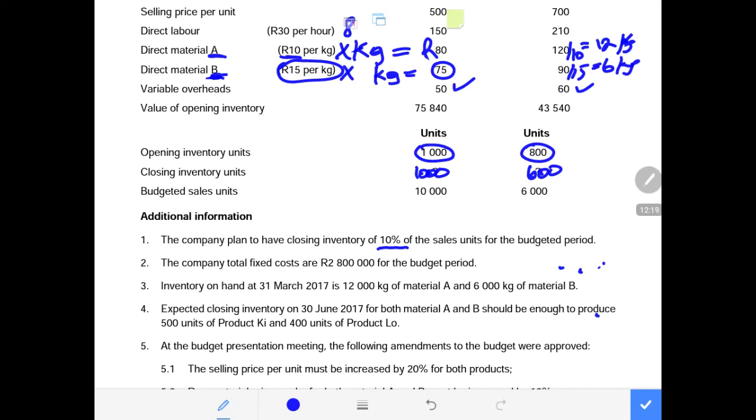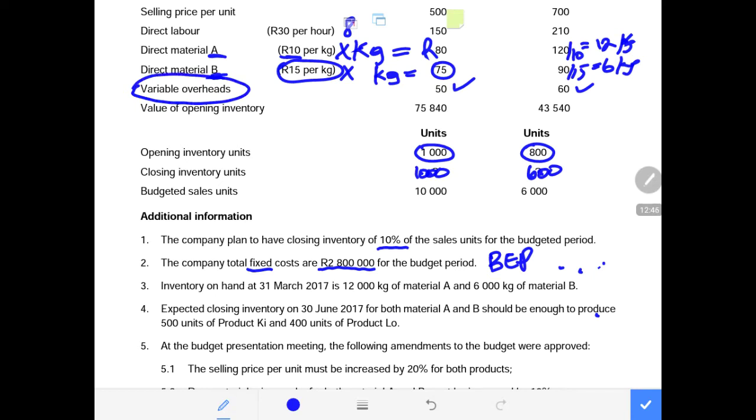Now we are told that the company's total fixed cost are 2,800,000 rands. Remember, one of the requirements to calculate break-even point in units, we need our fixed cost in this case. And remember, our overheads, they were variable overheads. So now, meaning the fixed part was not yet included.